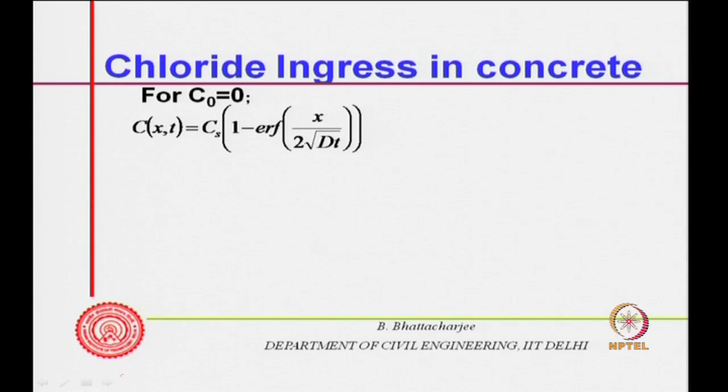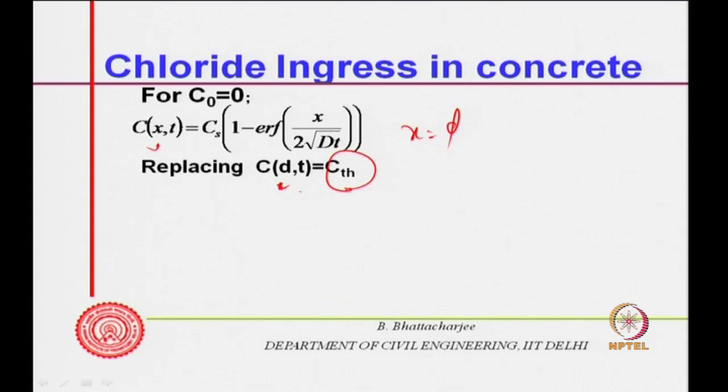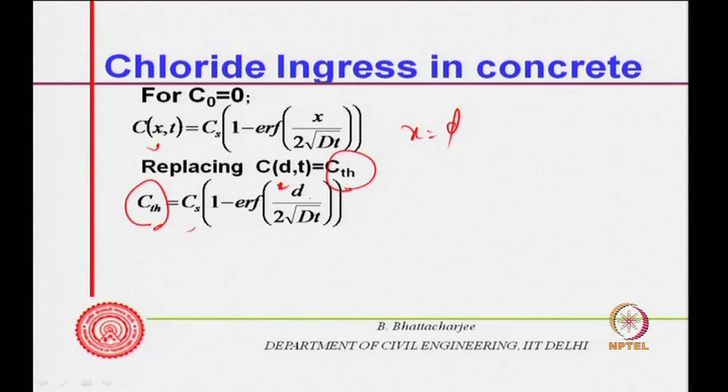that is, the initial chloride concentration is 0. One can write it in this manner, where x is any distance, D is the diffusion coefficient, and t is the time. Replacing C(x,t) at the cover depth by the threshold, I replace this x equals d, at x equals d, and at some time C equals Cth, then I get Cth on this side equals Cf, where x equals d.